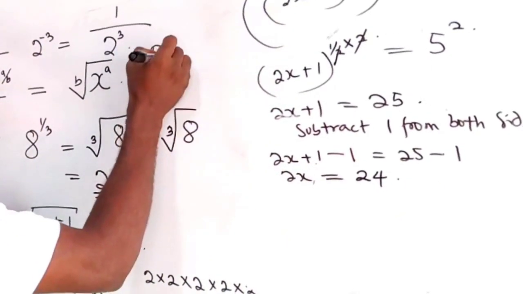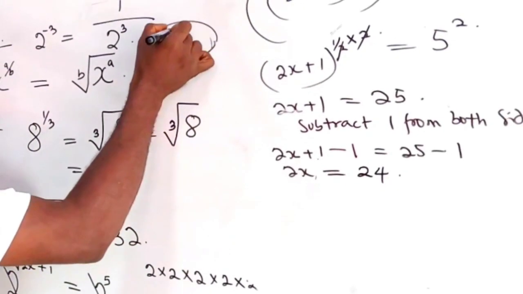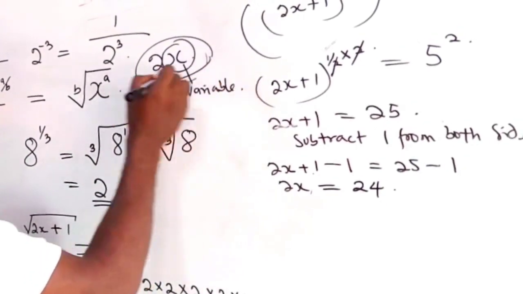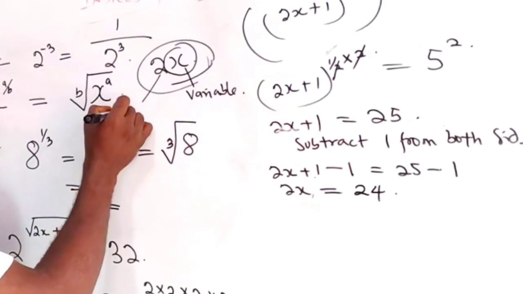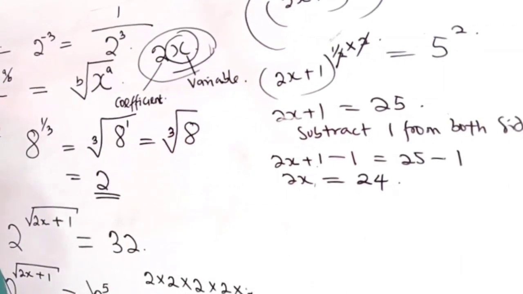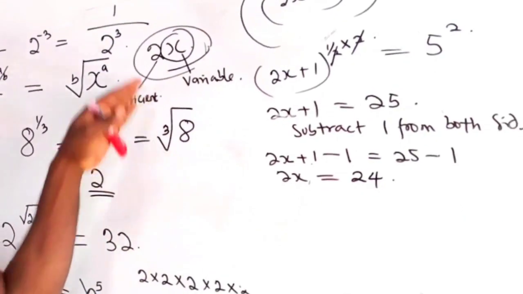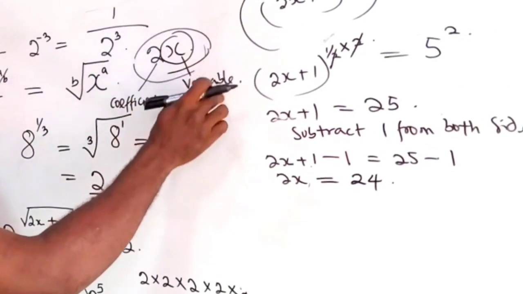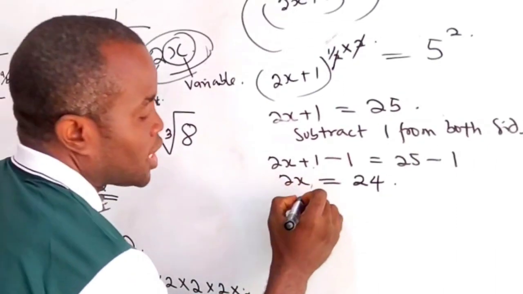If you have 2x and they ask you to identify which one is the variable, this very x here is the variable, and the number you have before the alphabet is called the coefficient. When we get there, I'll explain more of what is variable and coefficient. But you just know that the letter you have is the variable, and the number before the variable is the coefficient.